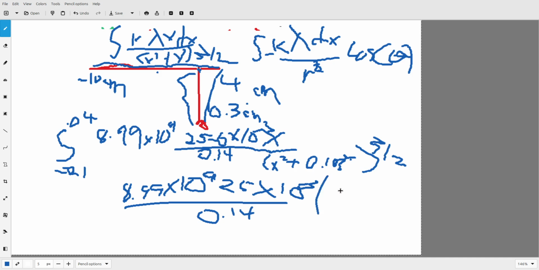And it's going to be 1 over the square root of 0.04 squared plus 0.103 squared, okay?